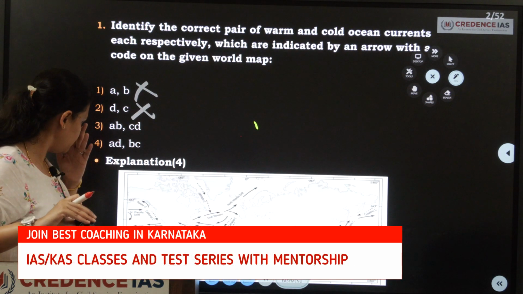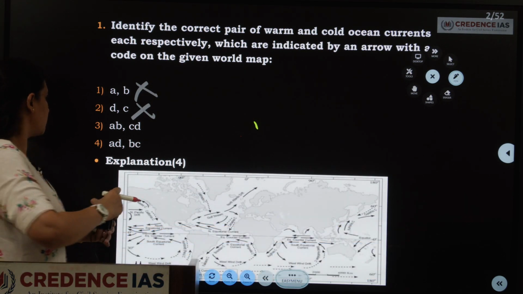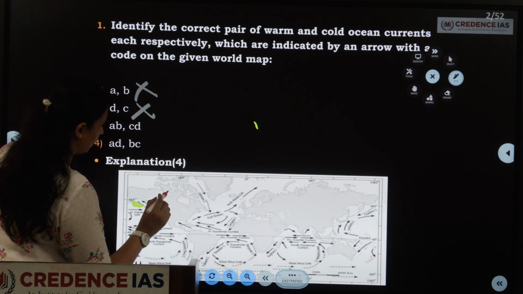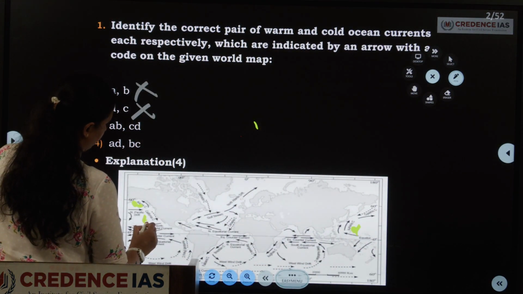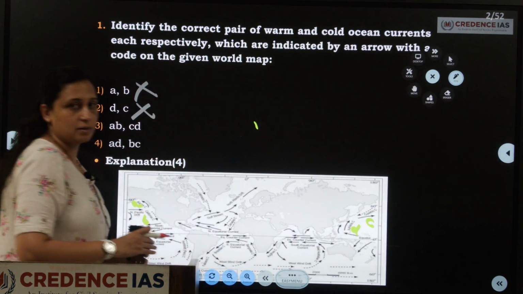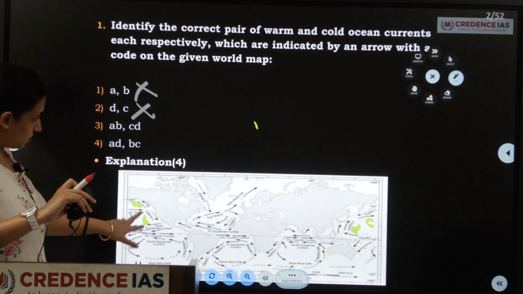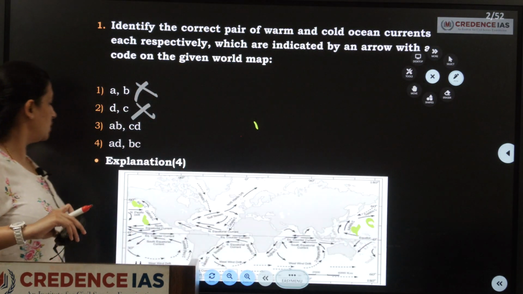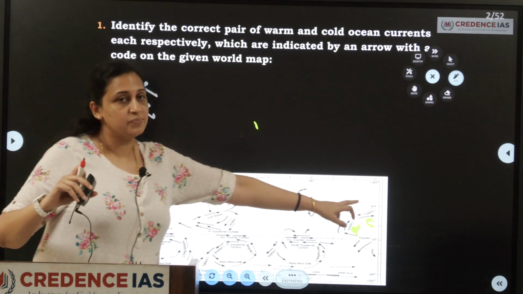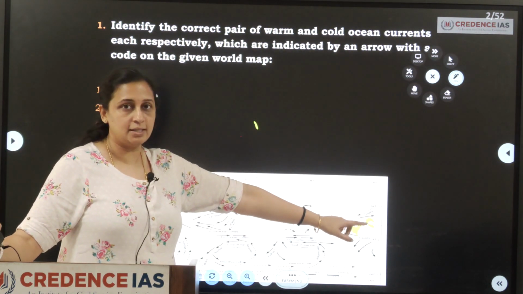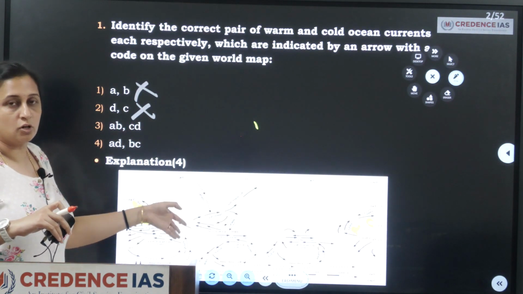In the original question paper, without any names given, it was A, D, B, C. Now the dotted line is the cold current, so the cold currents are B and C. Here we can see it is the Oyashio current, it passes through Japan, and here it is the California current, it passes through the North American coast.